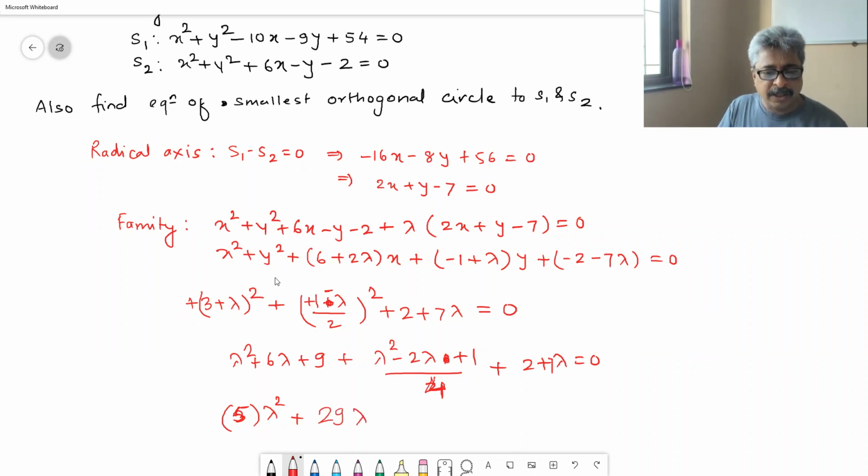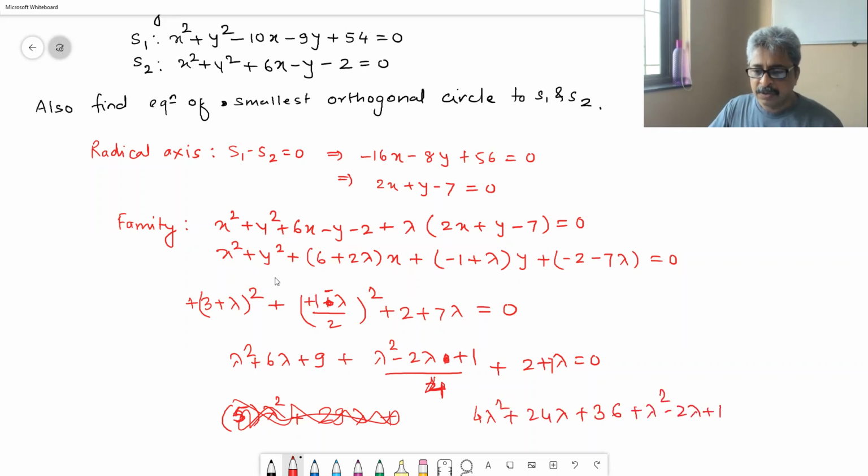I don't know whether it is correct or not. You have to cross check. Again this 4 will go here. So 4 lambda square plus 24 lambda plus 36 plus lambda square minus 2 lambda plus 1 plus 8 plus 28 lambda is equal to 0.